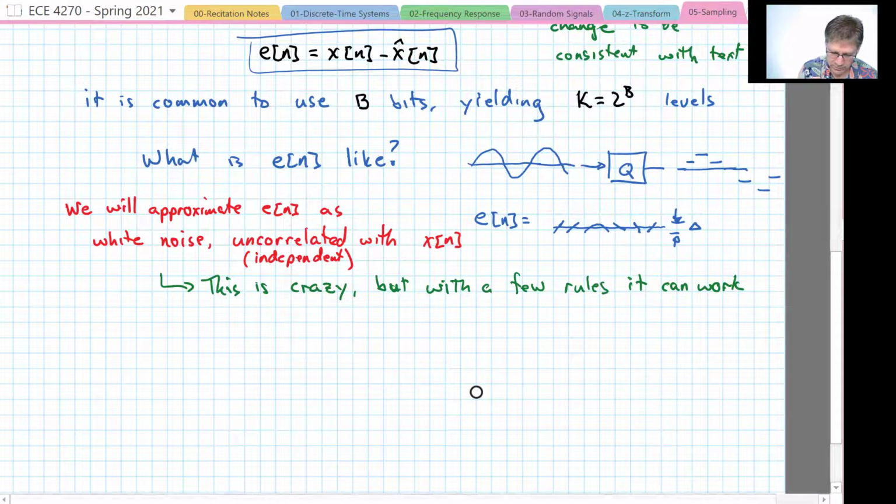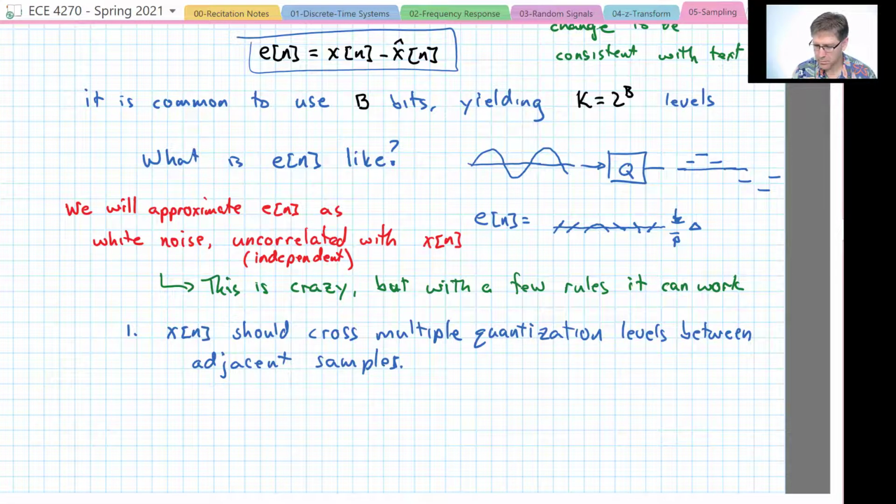The first one is that x of n should cross multiple quantization levels between samples. So it's clear that that rule was not kept in this little example I have up here with the sine wave going into the quantizer.